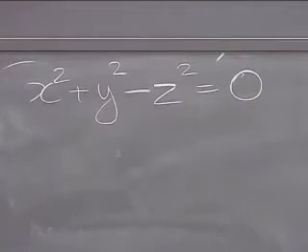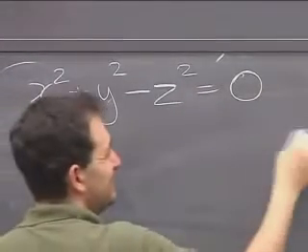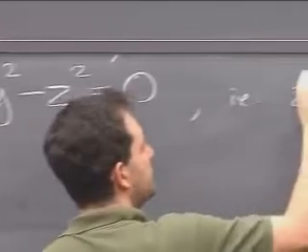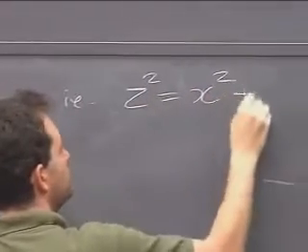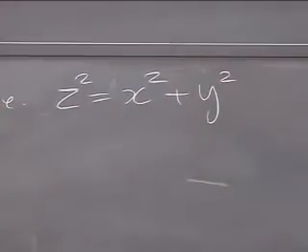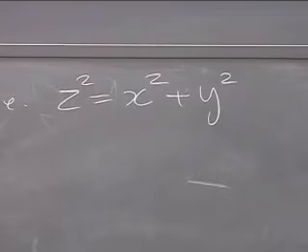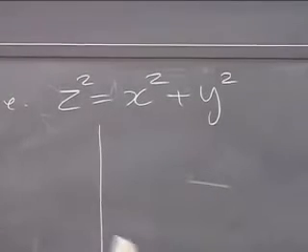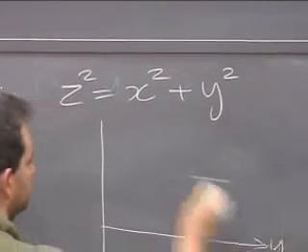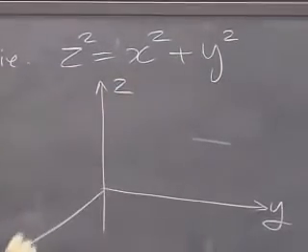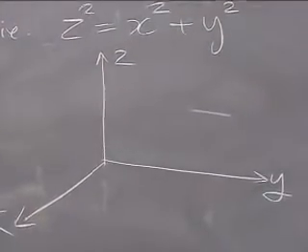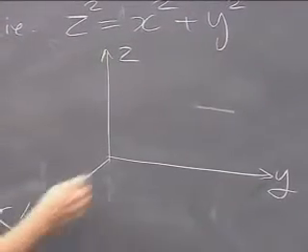Well, this means that z squared equals x squared plus y squared. So at each height, we get a circle of a different radius. When z equals 0, we just get a point.